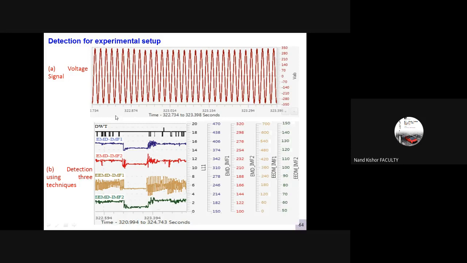Then we had some study, in this case for the voltage signal. Here you can observe that we did some more study for the voltage profile. You can see that during this period there is a sag occurrence, and then the detection using the different techniques here.